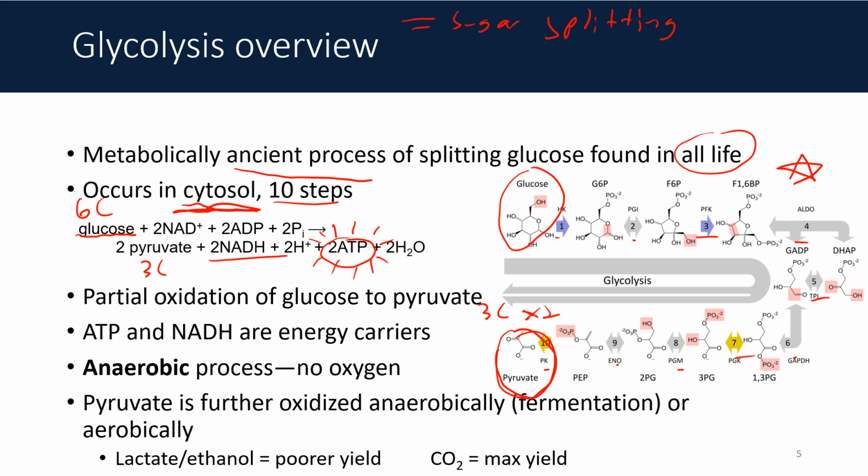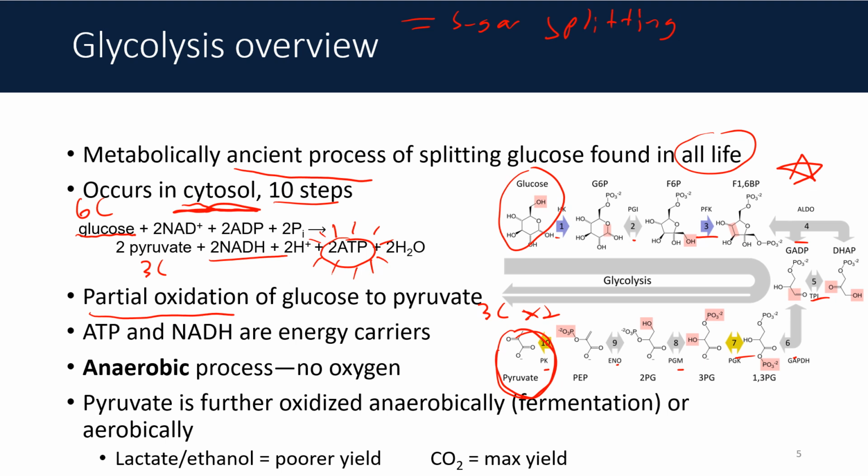Now, take note here that the entire glycolytic process is oxidation without oxygen. Therefore, we are not fully oxidizing glucose, we are partially oxidizing it. So it's a good start, but I would consider it to be overall inefficient. Doesn't make a lot of ATP or NADH.